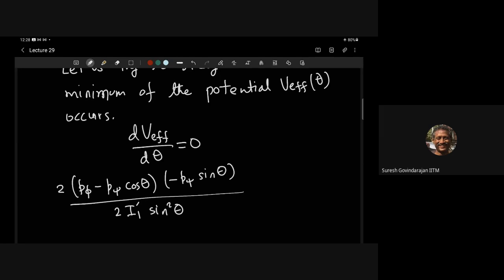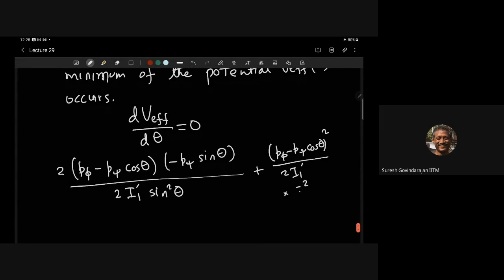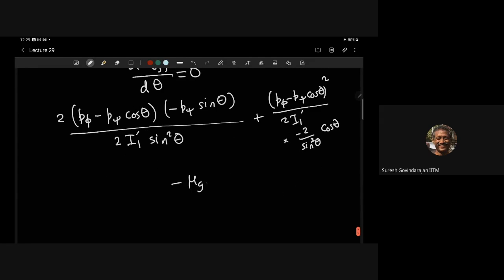and we have to do the differentiation of the denominator. Wow, a mess. Let's do it. Be brave and do it. cos theta is minus sin square, sum of 3 terms at theta equal to theta naught.